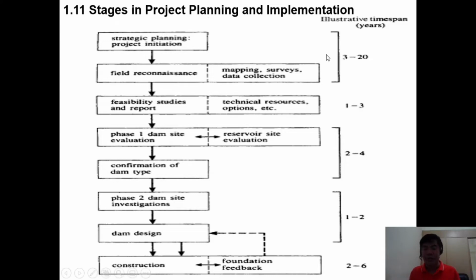Of course, during the investigation, other activities are also being done, like soil analysis, foundation analysis, and other surveys. Then, once you have all the data, you proceed with the feasibility study and the report. Most likely, the time span is from 1 year to 3 years. So it will take time to finally decide which option is the best.